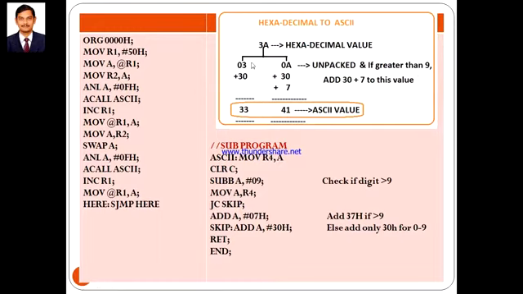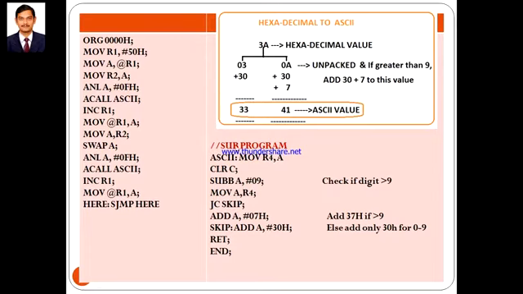Here the data is 3, which is less than 9, so immediately it skips the 37 addition, and it just adds only 30 to that. So you can see the result is 33, which is stored in the next location. So this is all about the hexadecimal to ASCII conversion.